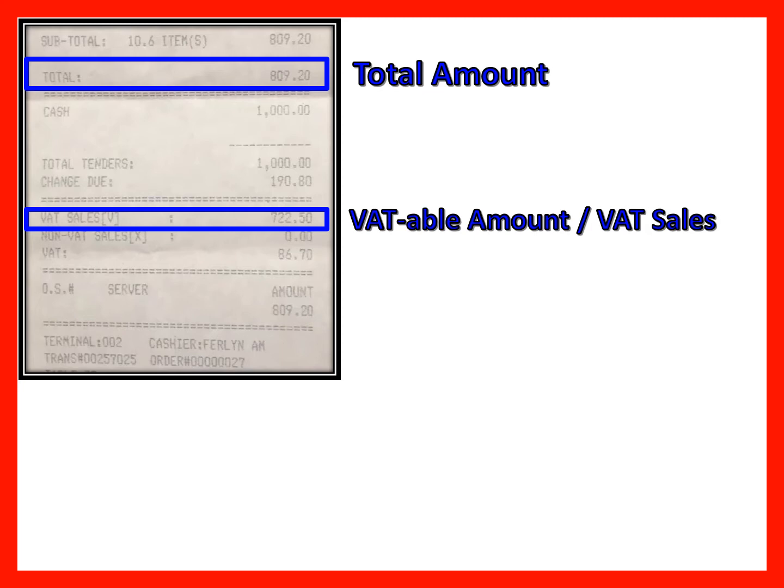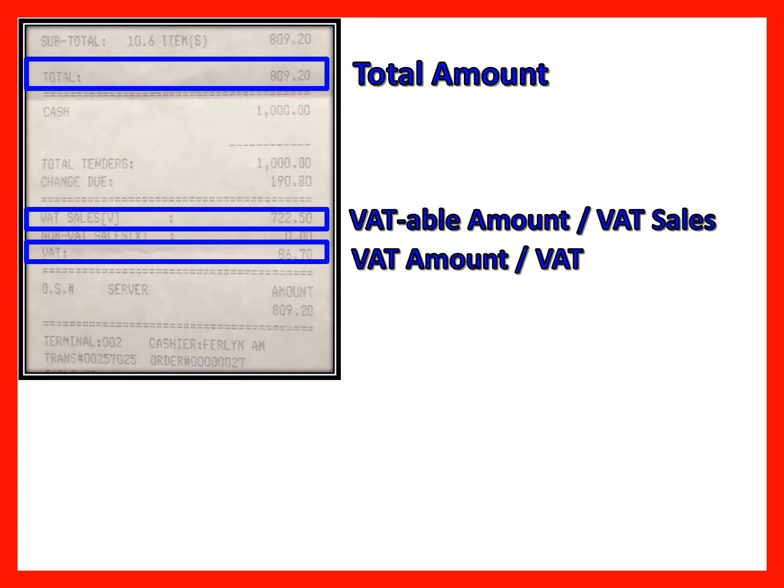As you can see, the total amount is higher than the VATable amount or the VAT sales. And this is the 12% of the VATable amount, or the value added tax. Obviously, it is lower than the VAT sales and the total amount.